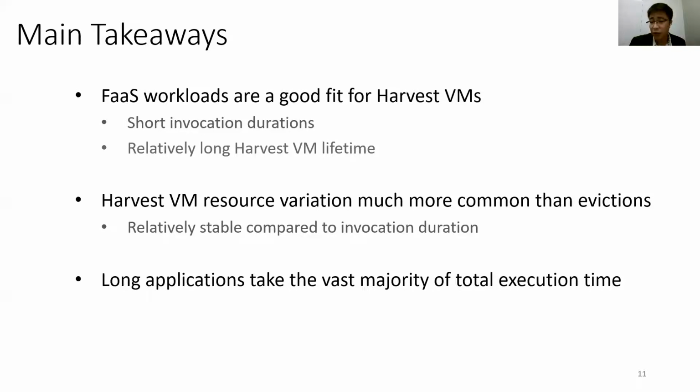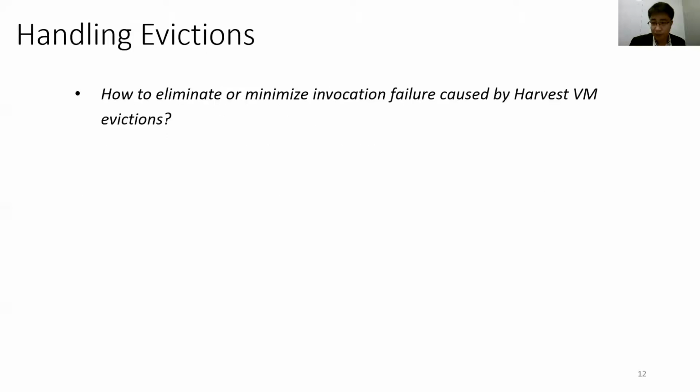Meanwhile, there's still a good chance that we can deliver good performance for serverless workloads because harvest VM resources are relatively stable compared to invocation durations. Third, long applications take almost all the execution time. This has a huge impact on our eviction handling strategy, as we'll see in a few minutes.